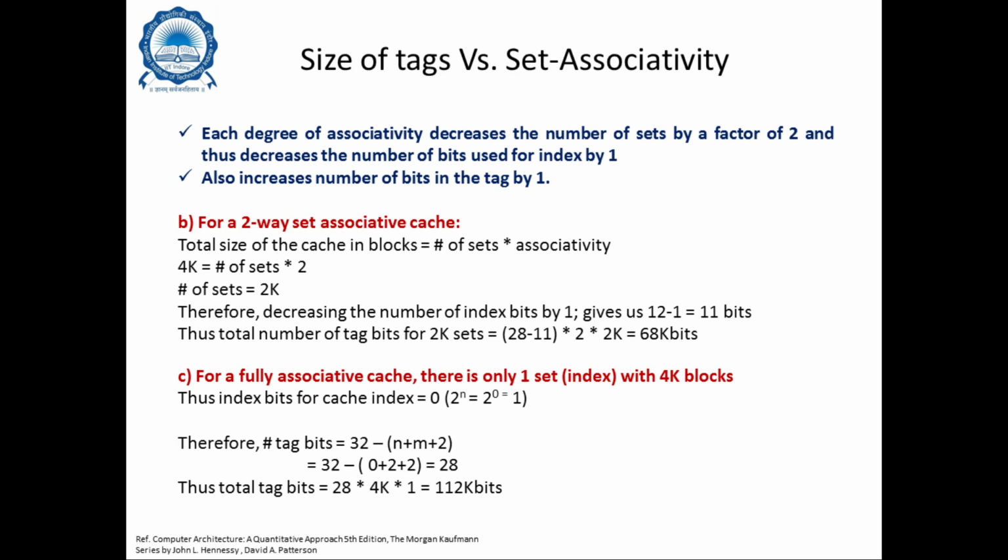Now since we have 28 tag bits and there are a total of 4K elements present in the only set available, which is the single set, there are 4K elements, so this becomes 28 bits into 4K, and the number of sets is 1, so into 1, so that gives you 112 kilobits, okay, for the total size of the tag for fully associative caches.